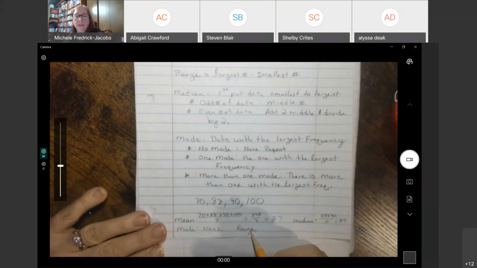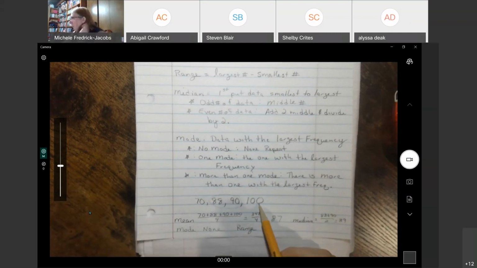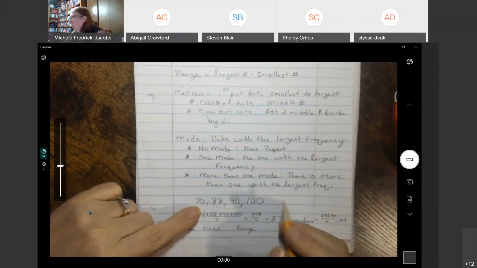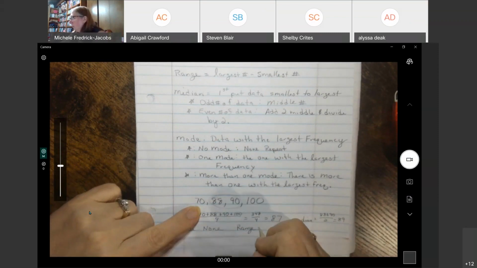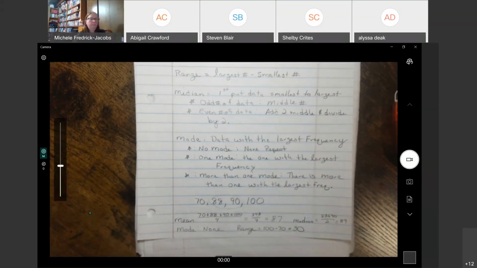And then the range is largest minus smallest. Any questions on that?